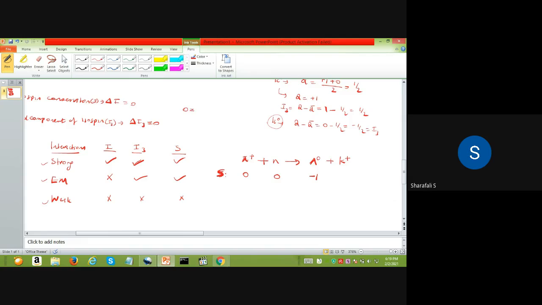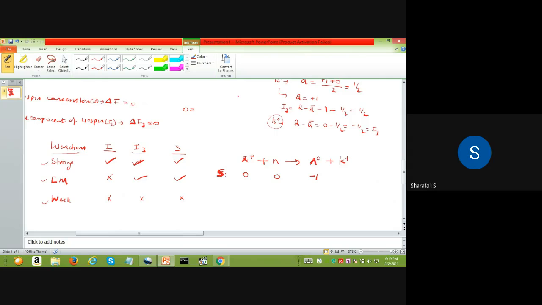For lambda 0, the multiplicity is 1, which equals 2I plus 1.